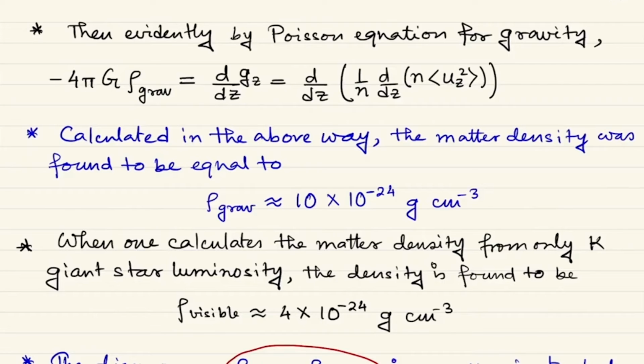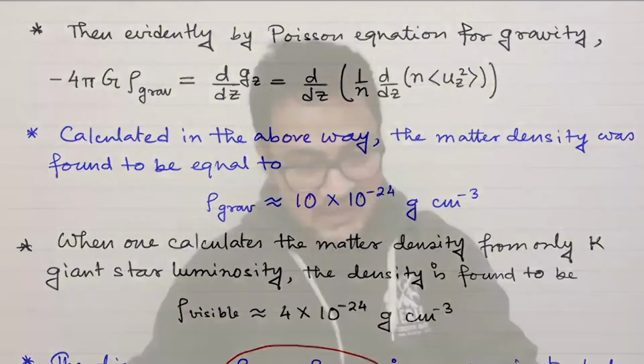Now evidently, although we are only concentrating on the dynamics of the K giant stars, the forcing which the K giant stars, which is just a small population maybe of the whole mass, are experiencing is due to the whole matter density.